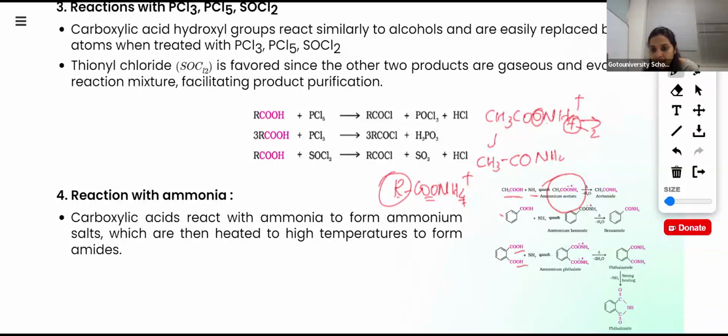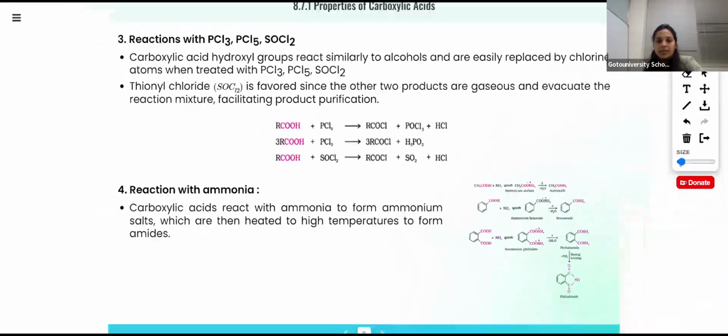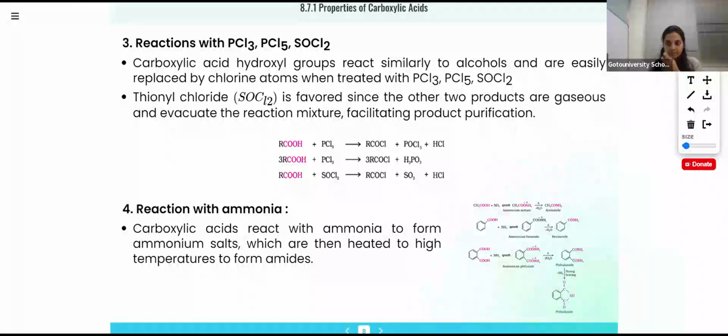These 2 groups will convert into the corresponding ammonium salt. Then one water molecule from each will be removed. If you are doing strong heating, again a water molecule will be removed. Then one ammonia molecule will be removed from here, then they will join together. Got it? Yes, that is the reaction with ammonia.